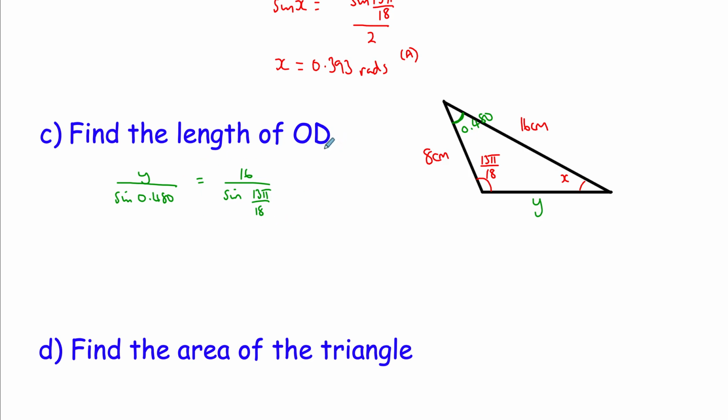Before I do that, actually, I'm going to just store the 0.478 into memory B. So I've just done that now. So y is going to equal 16 over sine 13 pi over 18 times sine of 0.480.